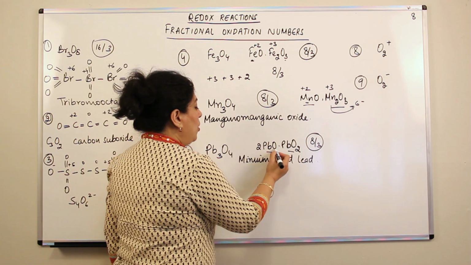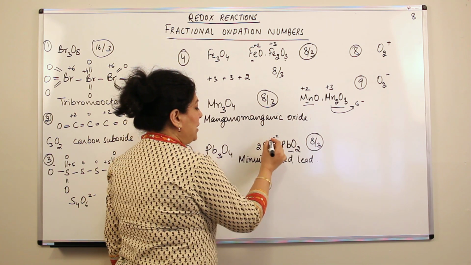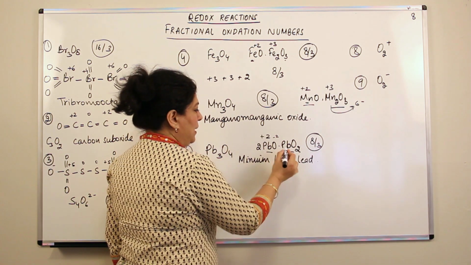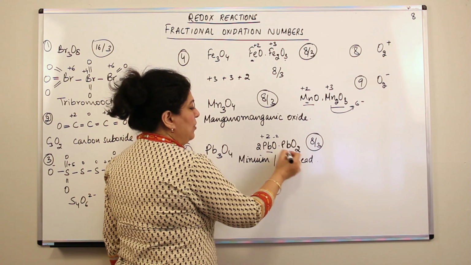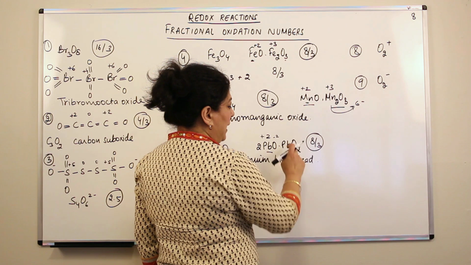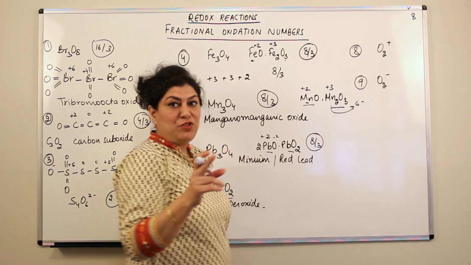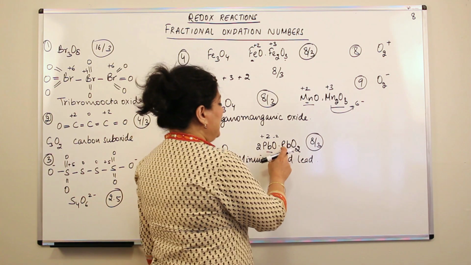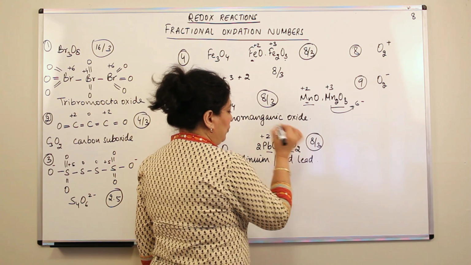In PbO, oxygen is -2, so lead should have a charge of +2. And in PbO2, oxygen is -2 and there are 2 oxygens, so the total number of negative charges would be -4. So this lead should have a charge of +4.